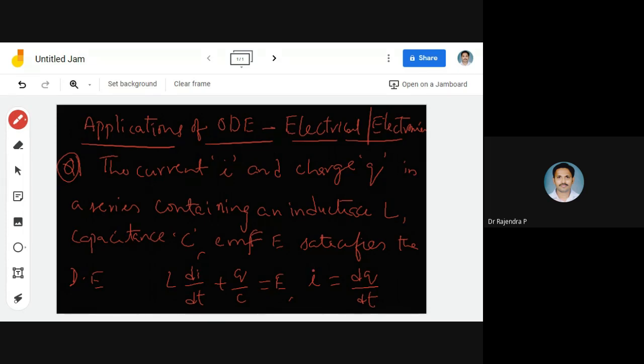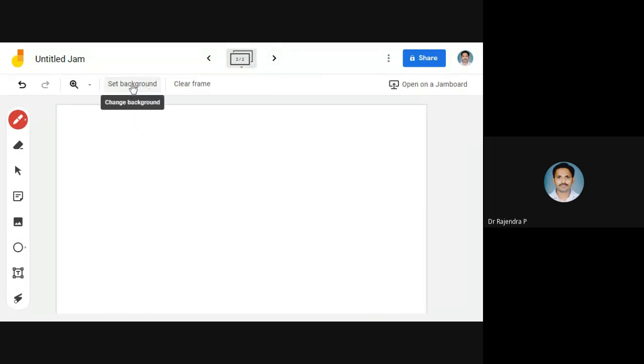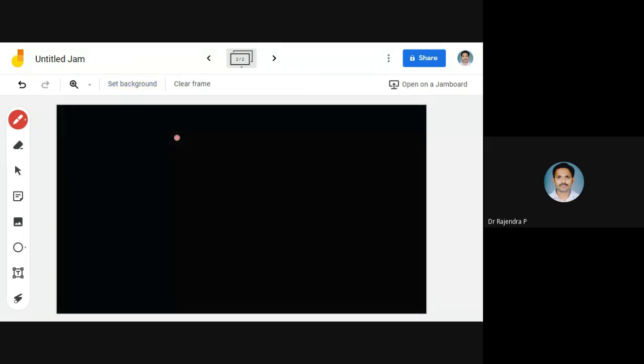Express Q and I in terms of t, where t means time. That is what they want.